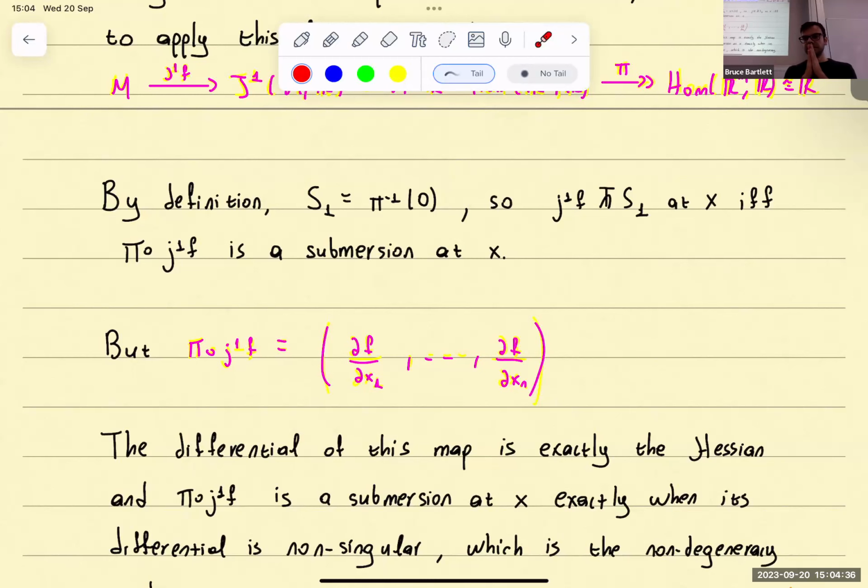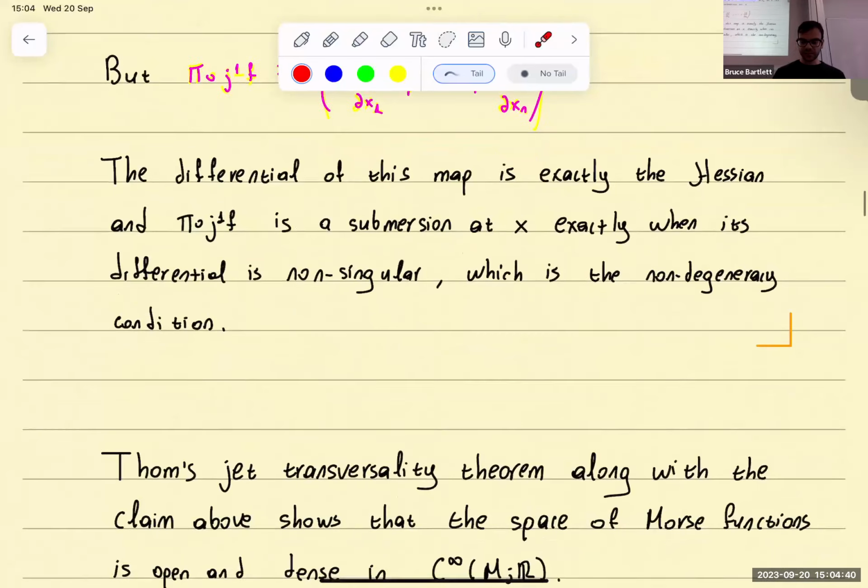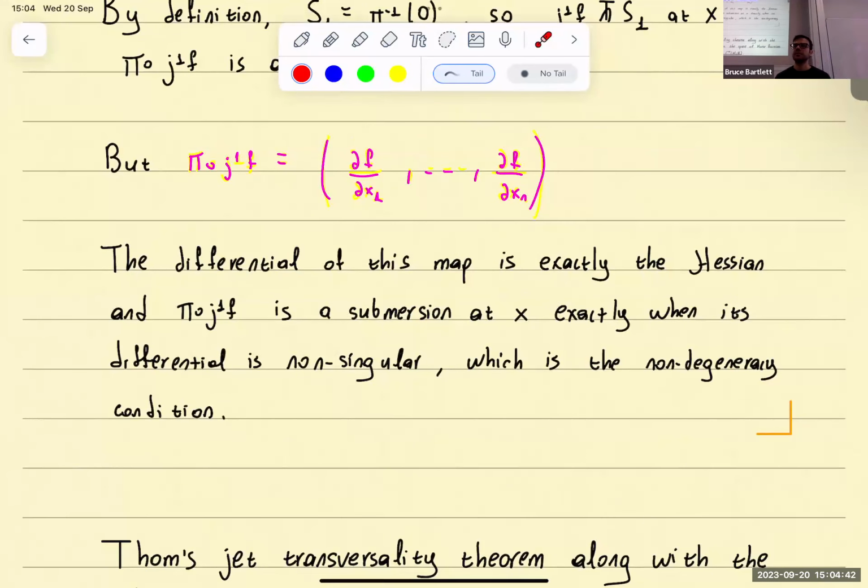That being non-singular is what we usually say for the function to have a non-degenerate critical point. Now we boil that down to a condition on the first derivative of this new map, so that it has to be a submersion.